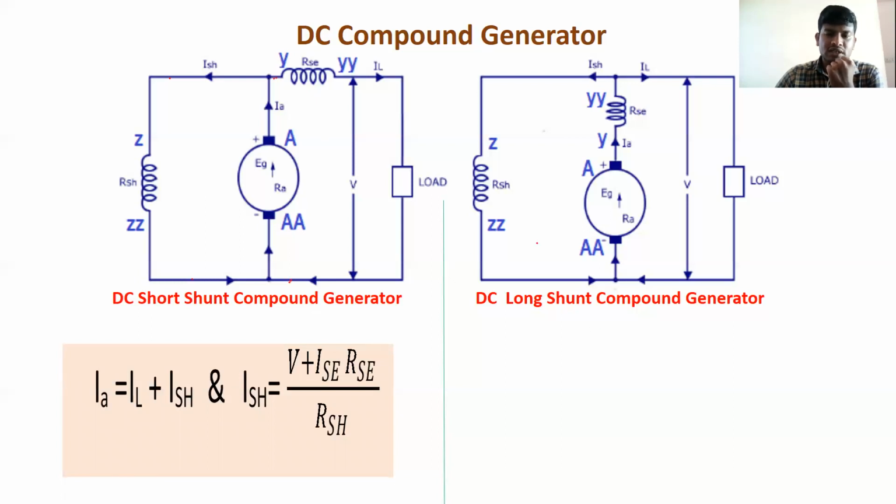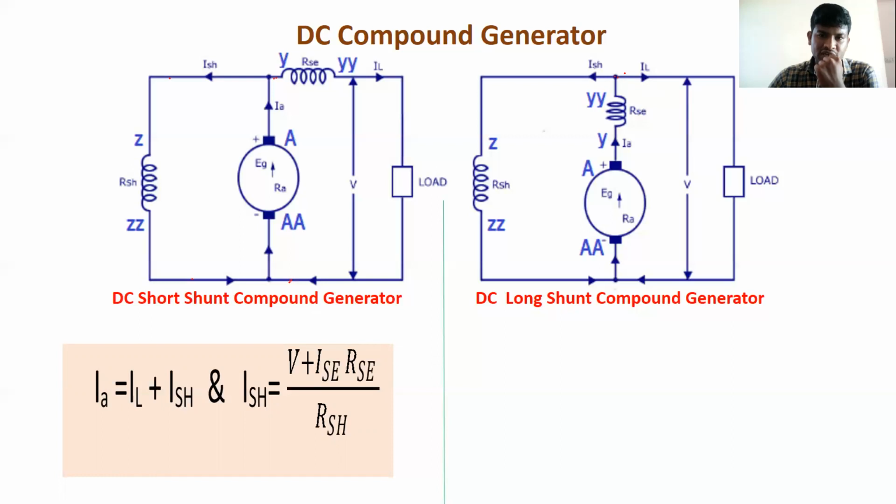Coming to the long shunt, the shunt field is connected over the armature and series field. In this series connection, IA equals the current passing through the series field, the same current, so IA equals ISC. That ISC enters the node, where the current divides: one is ISH, another one is IL.